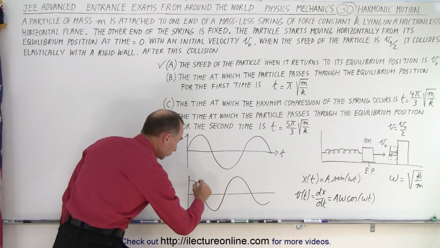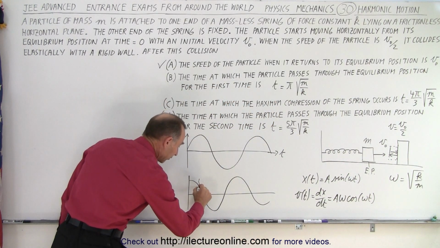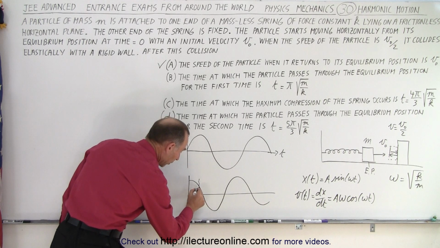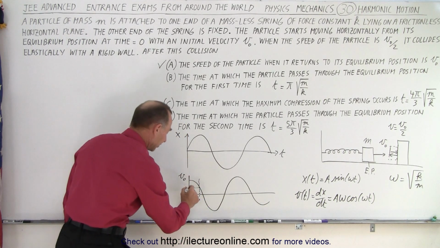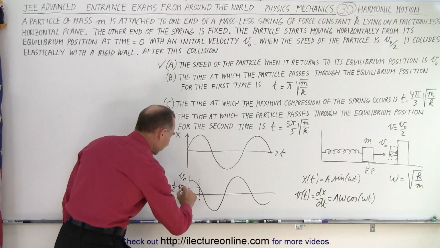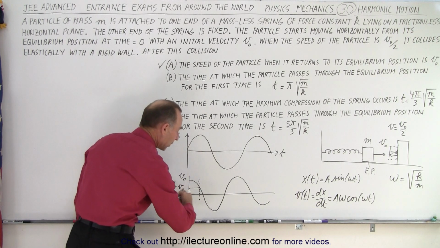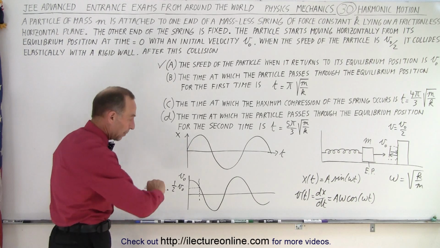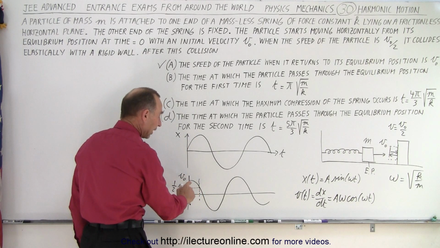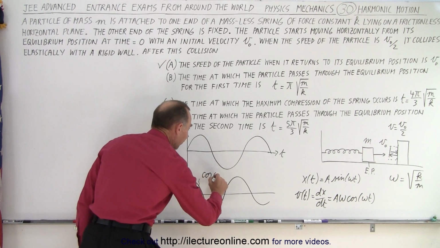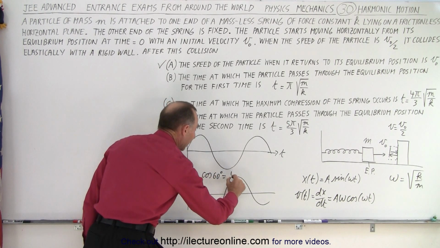But it's not going to reach its maximum displacement because it's going to collide at the point where the velocity, this is v initial, the maximum velocity, and this is a half of maximum velocity. So where in the period does that occur? Now, because this is a cosine curve, we know that the cosine of 60 degrees is equal to 1/2.